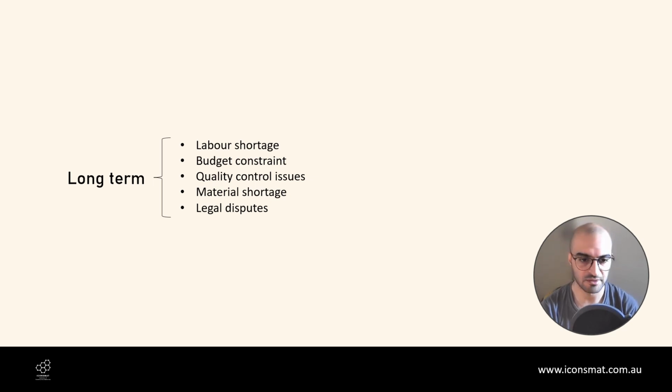Legal disputes are also another long-term issue that can cause delays to construction projects, between the owners, between the stakeholders. That would normally require a significant amount of time to solve. There are fast-track legal solicitors that can help you with these sorts of disputes.